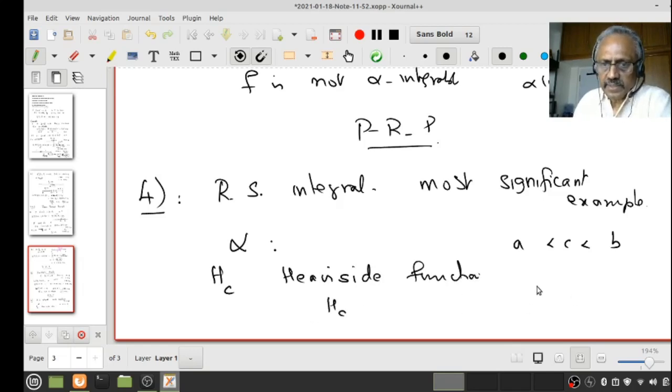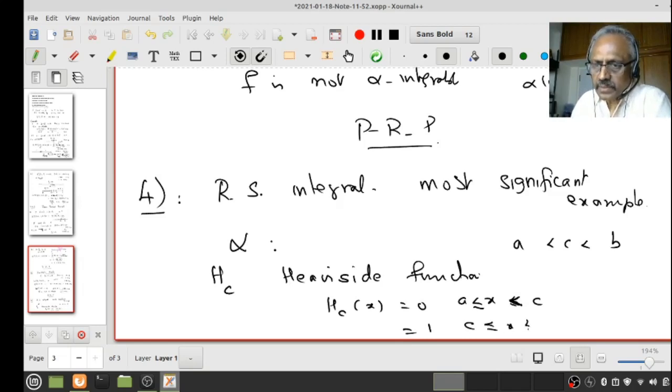So that h sub c of x is 0 if a is less than or equal to x, x less than c, and equals 1 if c is less than or equal to x, less than or equal to b. There is a jump here. See, here it is 0, and from here onwards 1.